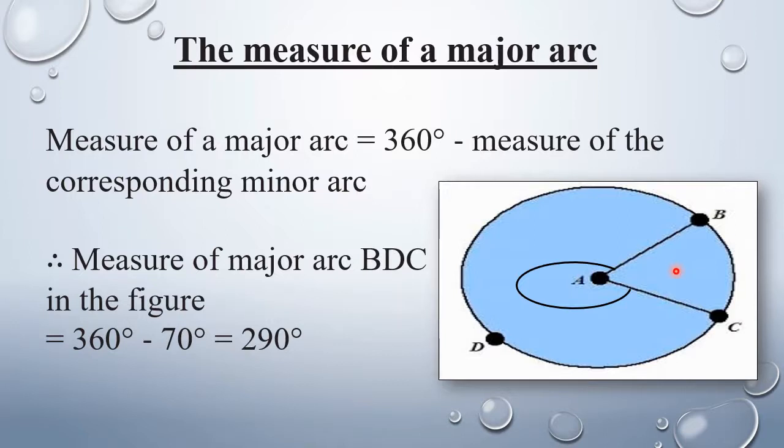Here in the previous picture, the measure of the corresponding minor arc we already know is 70 degrees. Therefore, the measure of major arc BDC in the figure is equal to 360 degrees minus 70 degrees, which is 290 degrees. So the measure of the major arc is 290 degrees.